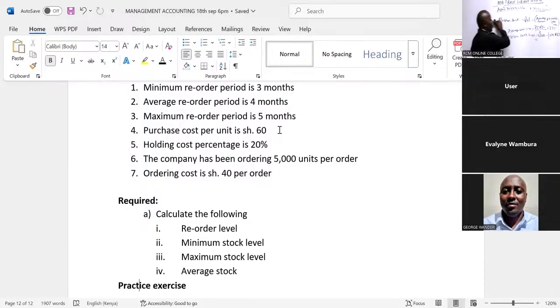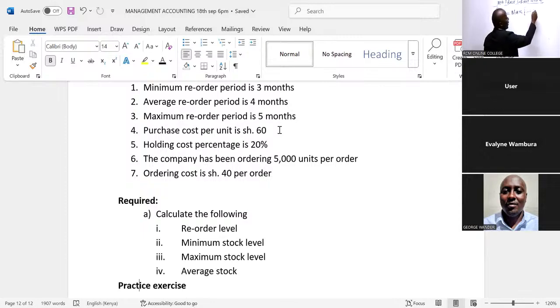I'm going to give you very good shortcuts of remembering these stock levels. To calculate stock levels, especially the reorder level, write this in full: reorder level. You shall remember those particular sweets, the top suites.